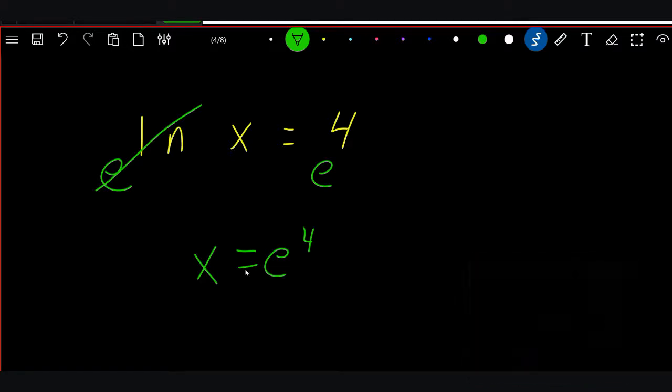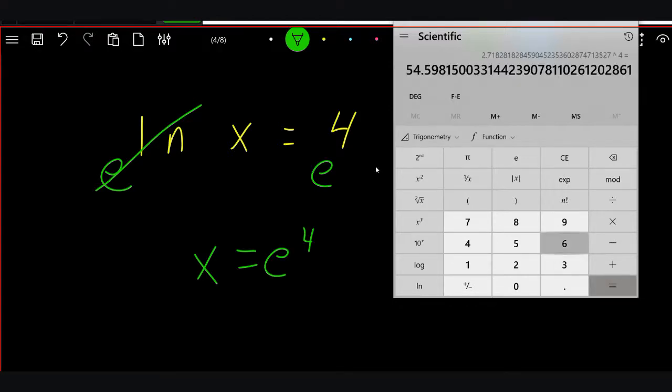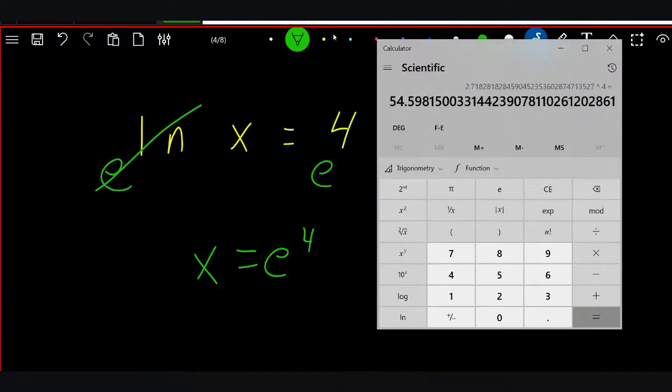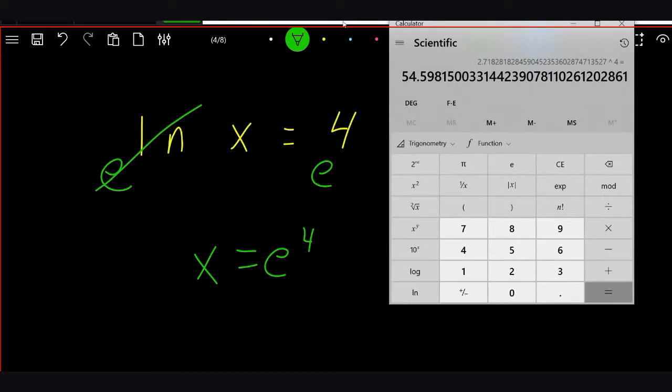Go to your calculator, and we're just going to put in e to the 4th. So click our e, and then the little exponent, 4, equals, and we get 54.598. So 54.598 is the answer. The book, at least the copy that I have, actually has that rounded off wrong.